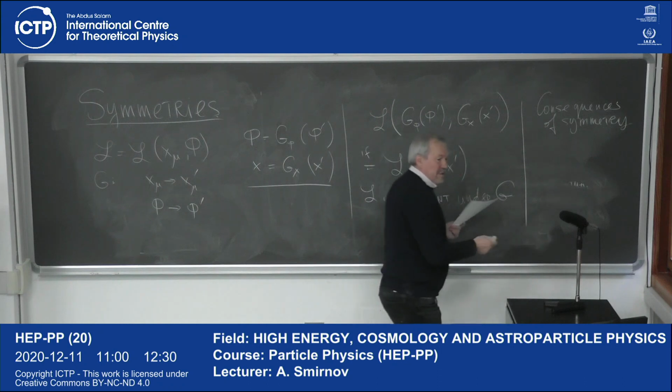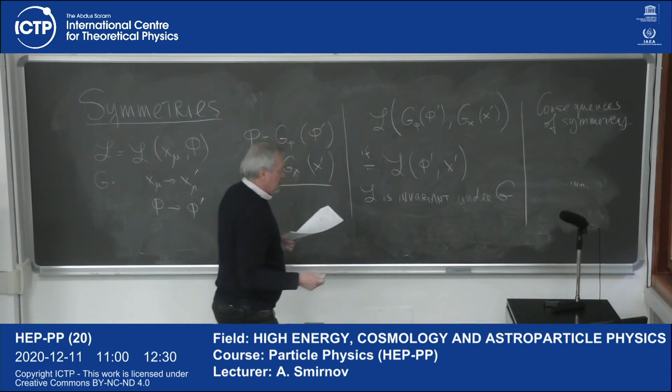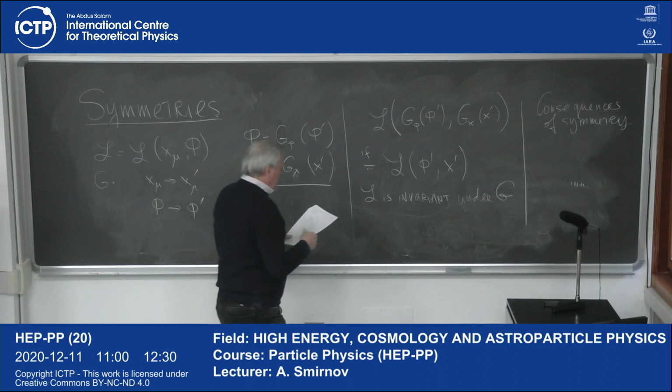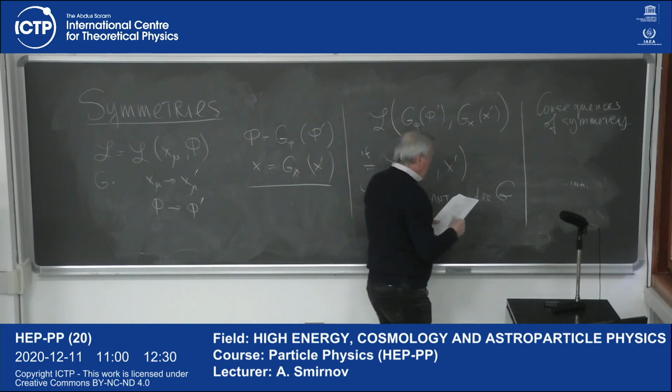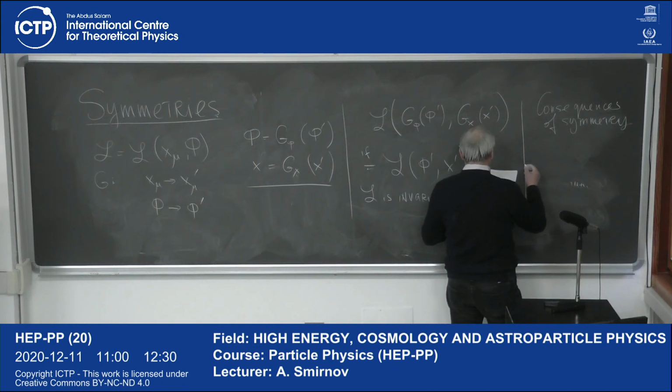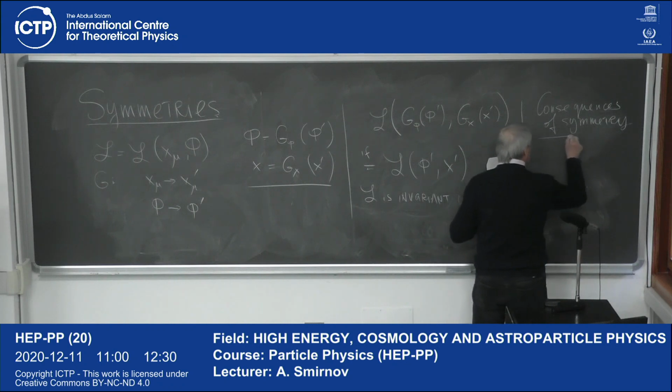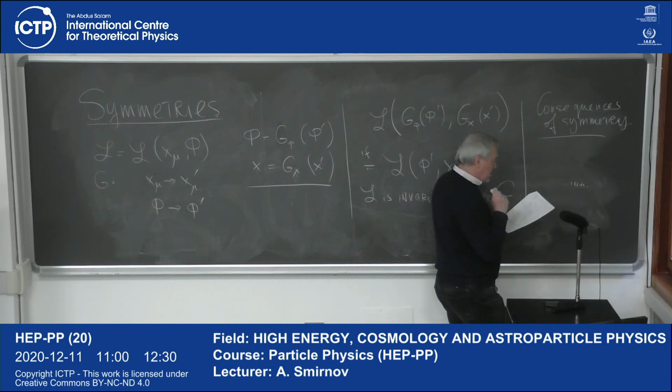Actually, a given Lagrangian may have different symmetries, several symmetries. The physical consequences of the symmetries depend on the type of the symmetry. So different symmetries have different consequences.